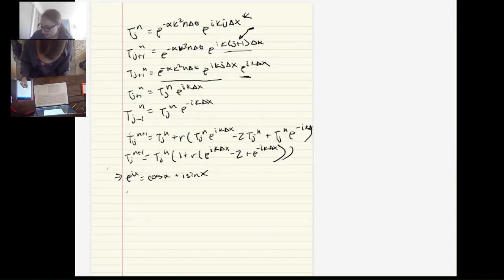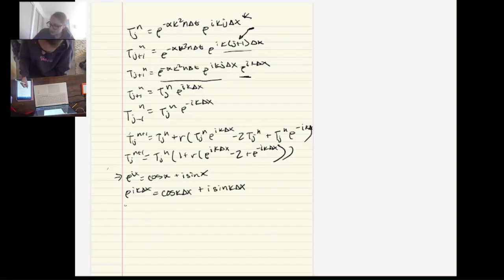So e^{ik delta x} is cosine of k delta x plus i sine of k delta x.